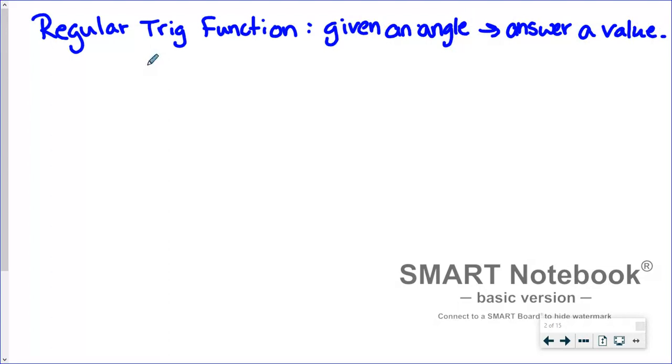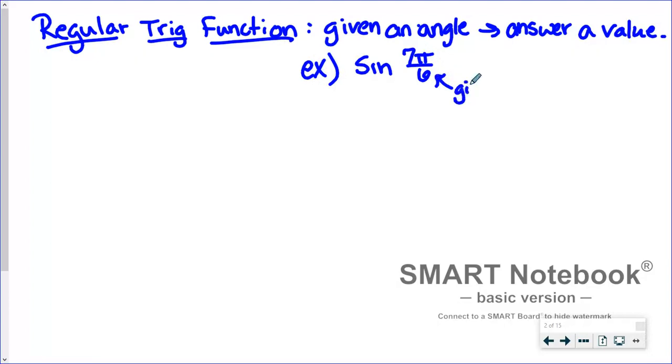So for example, we might say, what is the sine of 7 pi over 6? This angle is what is given. And then we would answer, negative 1/2.